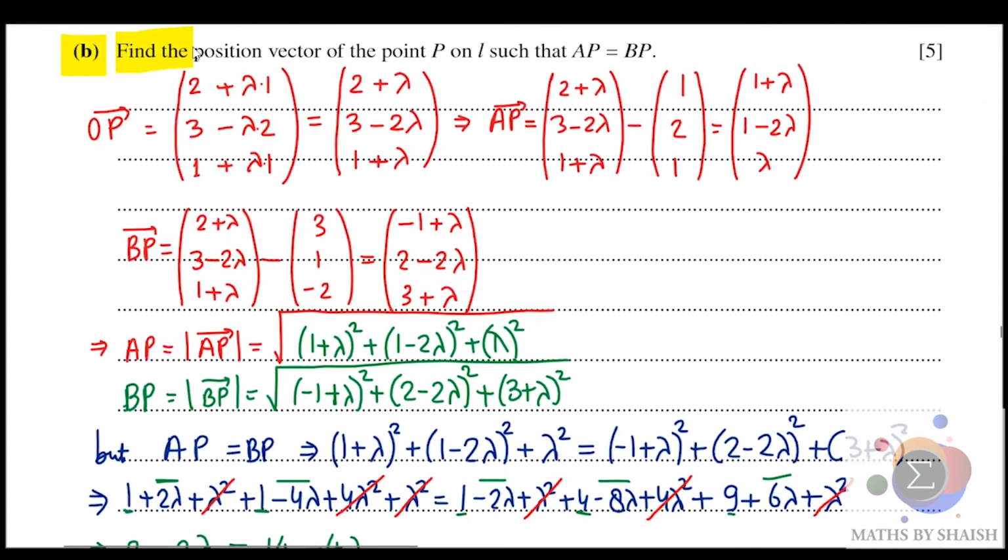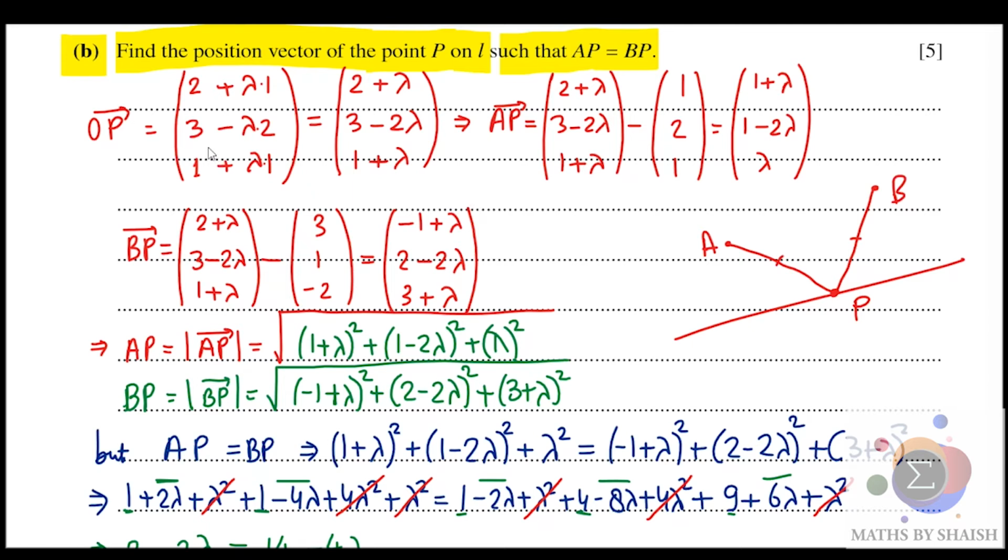B part, find the position vector of the point P on L such that AP equals BP. So L is somewhere here. Let's say there is a point P. This is point P, and A is somewhere here and B is somewhere here. We need to find the point so that the AP distance and BP distance are the same.